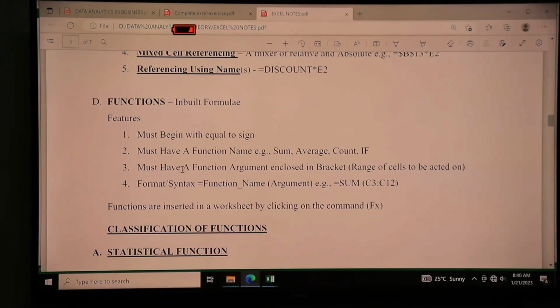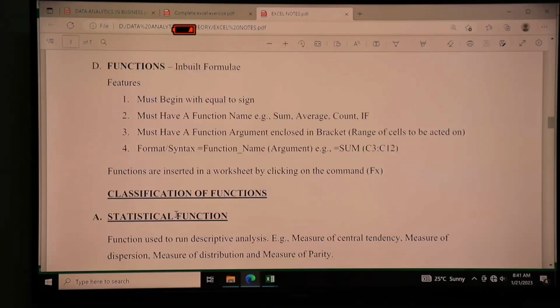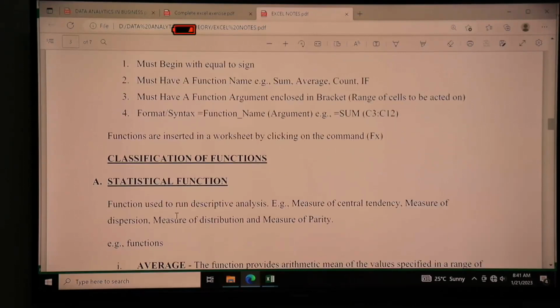Then the function name is followed by the function argument, where the argument is actually the range of cells to be acted on and closed in a bracket. Functions can be classified. We have those functions that we use to run descriptive statistics, like the measure of central tendency, dispersion, measure of distribution, measure of disparity.